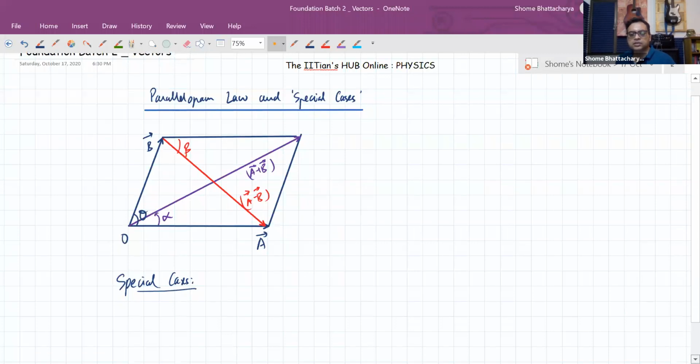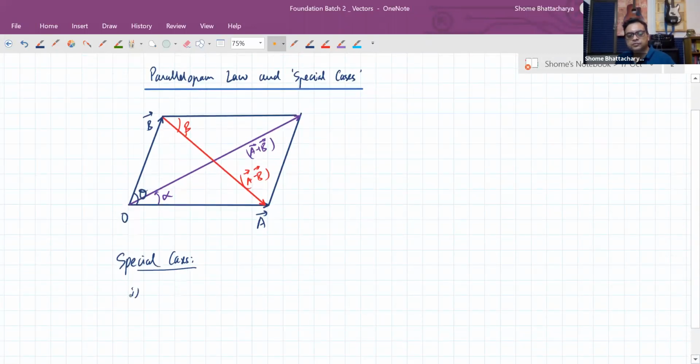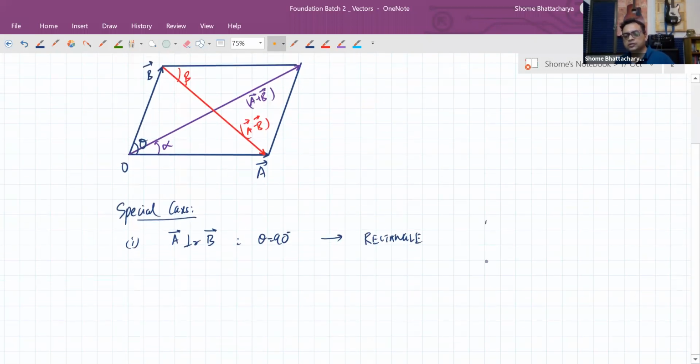So one was the case where A is perpendicular to B, or theta is equal to 90 degrees. So it becomes a rectangle. A rectangle has that important property that the diagonals are equal in length, and they also subtend the same angles.